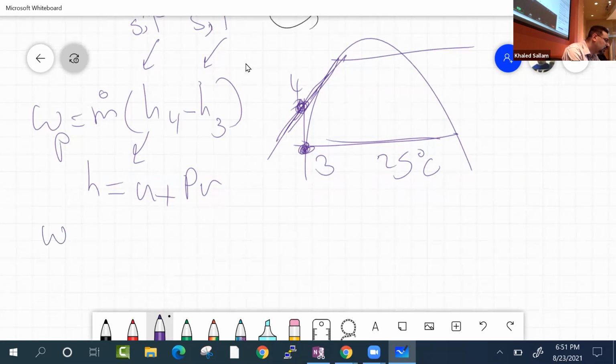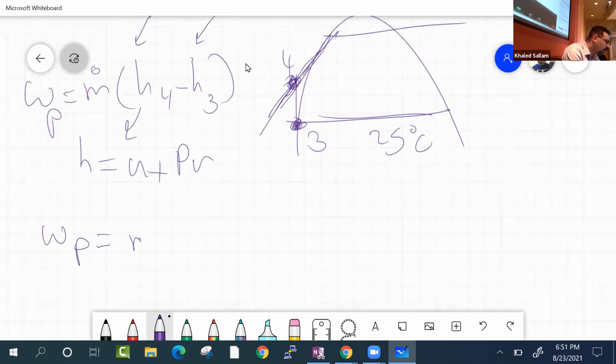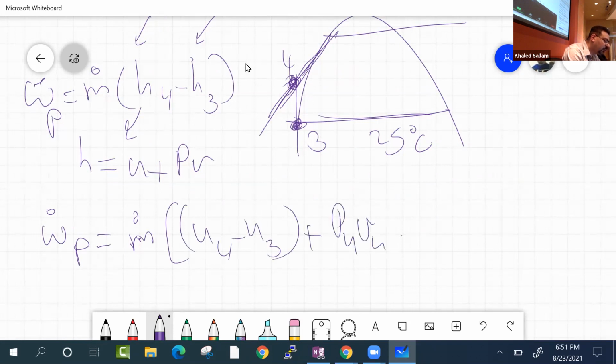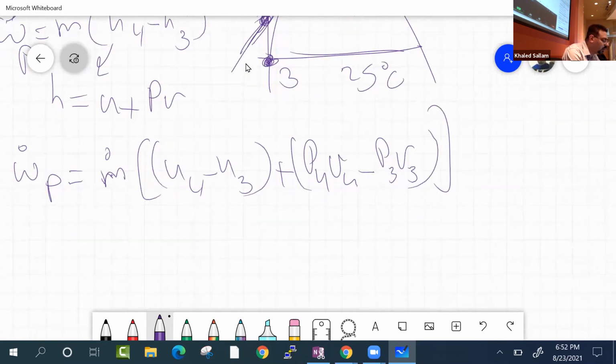Okay. So work pump is m dot multiplied by U4 minus U3 plus P4 V4 minus P3 V3. The internal energy is a function of temperature. Do you think when the water goes into a pump, it gets hot?